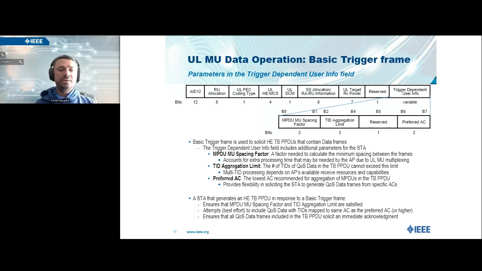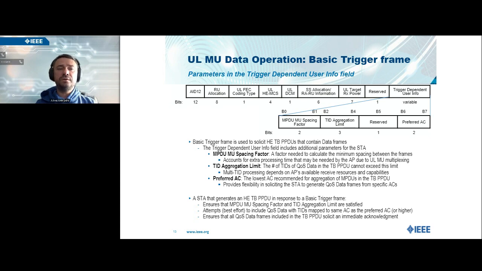And then we have the preferred AC, which is used by the access point to tell the station from which set of access categories the station is recommended to generate the MPDUs. This provides flexibility to the station to continue generating QoS data frames depending on its urgency, how long the MPDUs have been in the buffers, for example, but also provides some flexibility to the access point to tell the station that right now I'm calling for higher priority MPDUs as opposed to lower priority MPDUs.